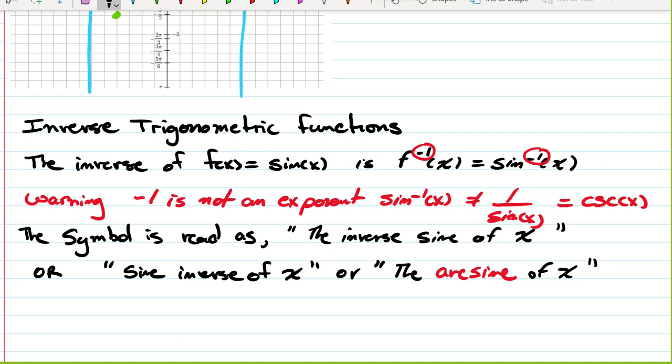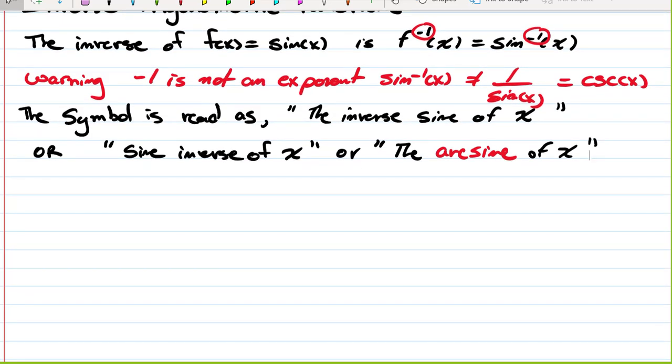The arc sine was used historically when the printing press was still really young. It was hard for them to make things like exponents, so they typed out arc sine or put arc in front of functions to designate their inverse. So when we say arc sine, it's really just a different way to say inverse sine.